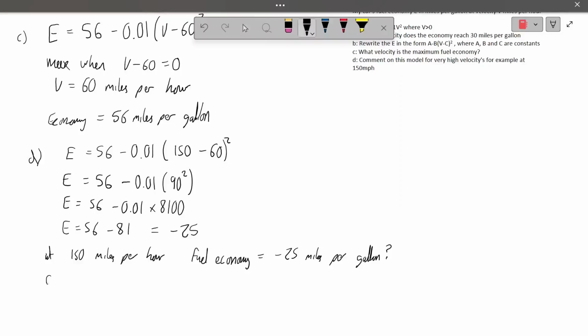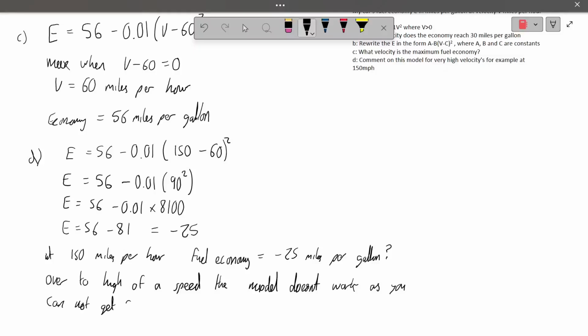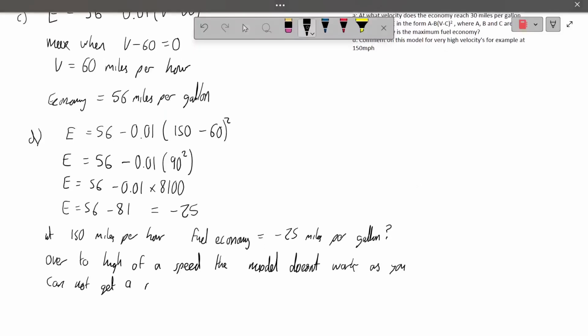So over too high of a speed, the model doesn't work, as you cannot get a negative fuel economy.